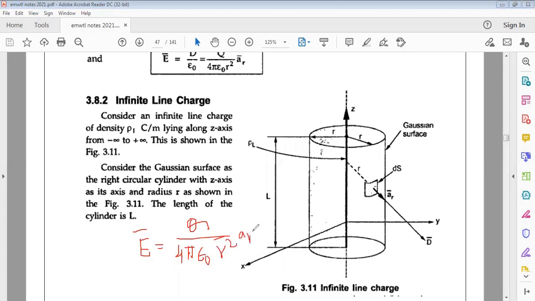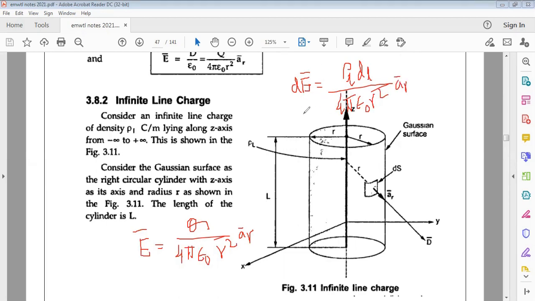By substituting, dE bar is equal to dq, that is rho L into dl, by 4 pi epsilon naught r square into AR bar.